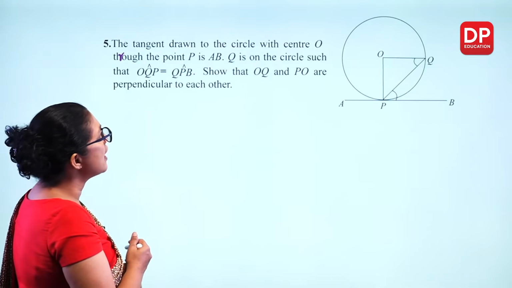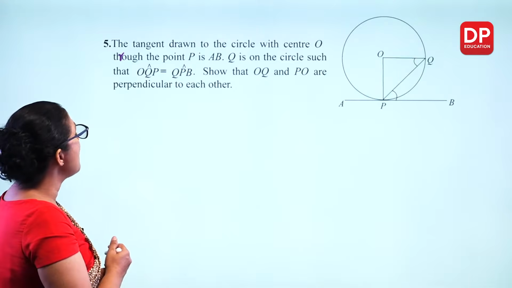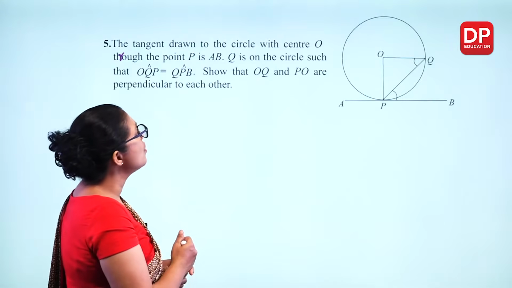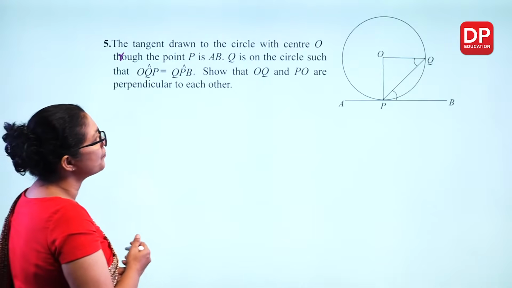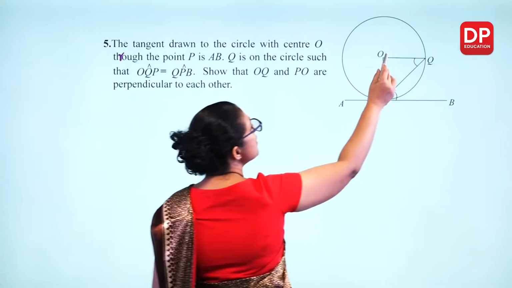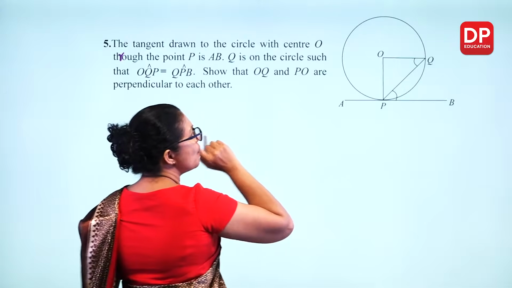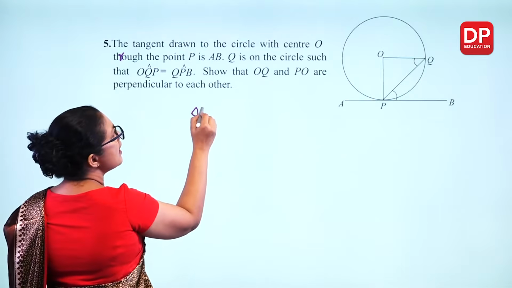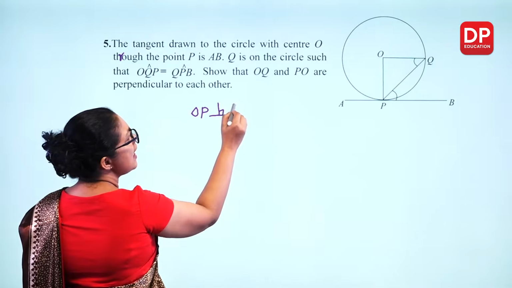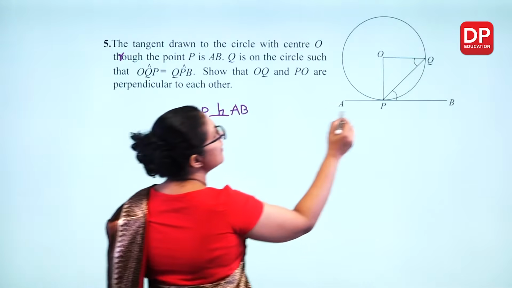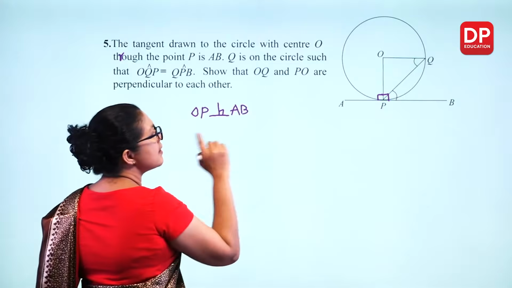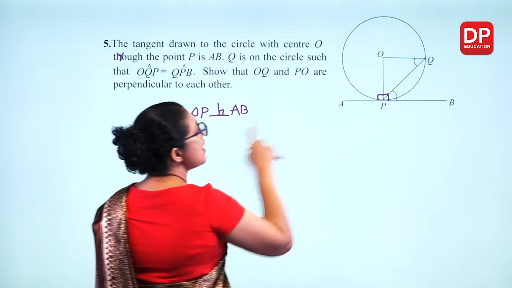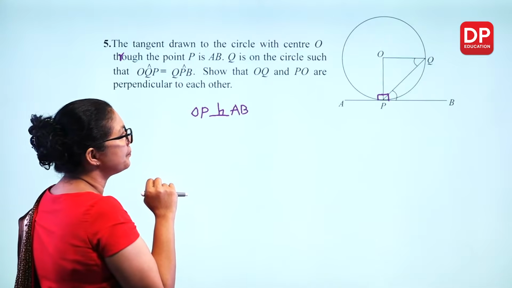Show that OQ line and PO are perpendicular to each other. OQ and PO. So this is 90. But we know OP is perpendicular to AB line. This is the radius and this is the tangent at P.